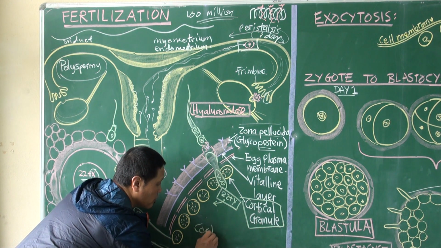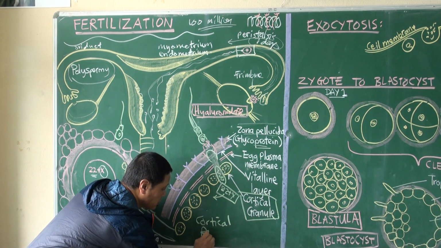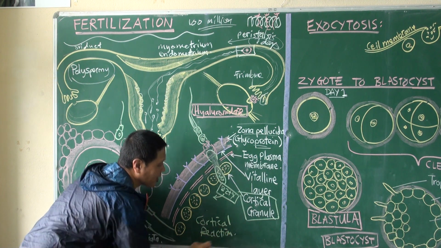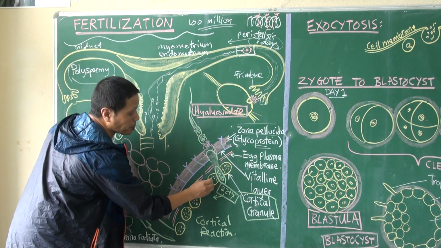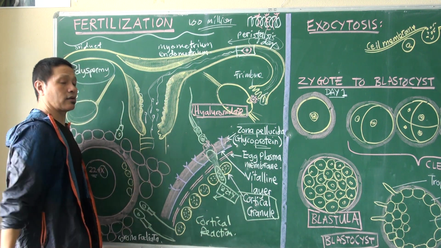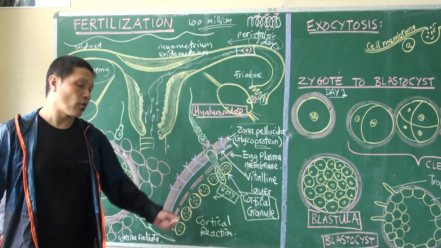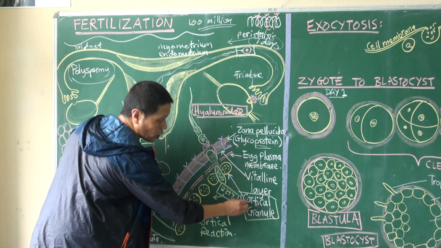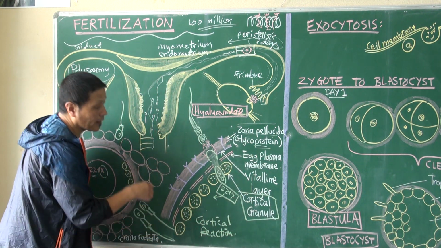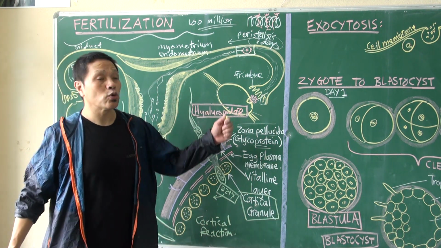Okay? Cortical reaction, which is basically the rupturing of these granules that you see here, the organelles called cortical granules. They rupture and undergo what is called exocytosis.